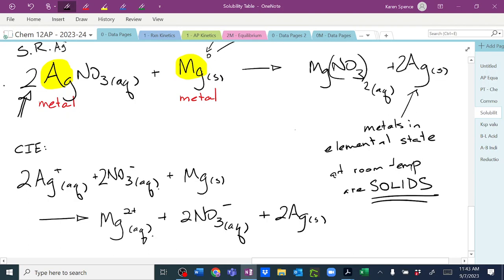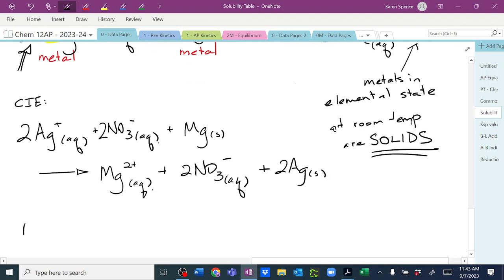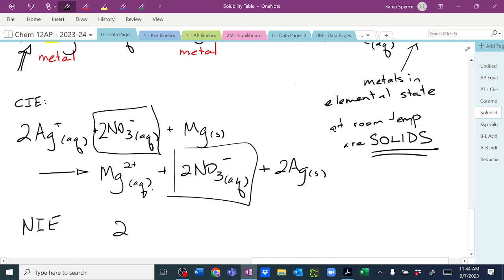And what if we wanted to write our net ionic equation? NO3, what are NO3? Spectator ions.